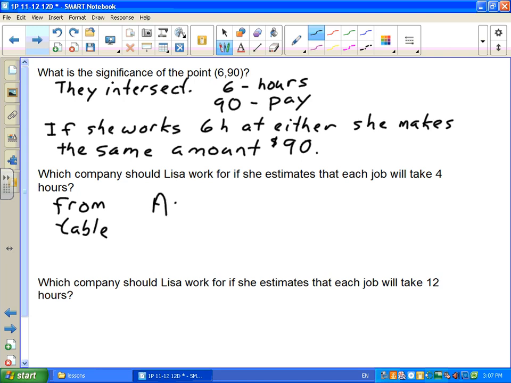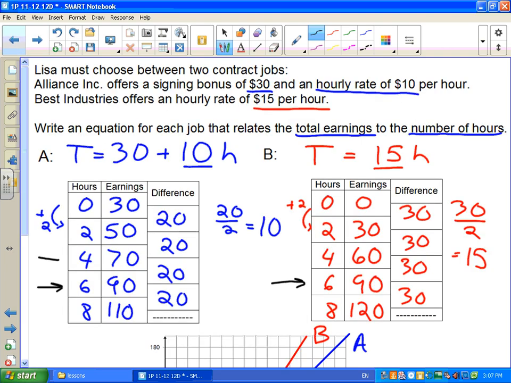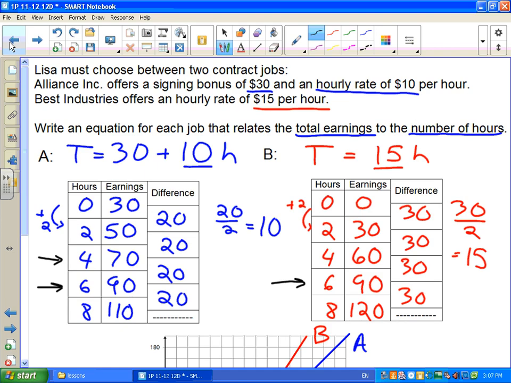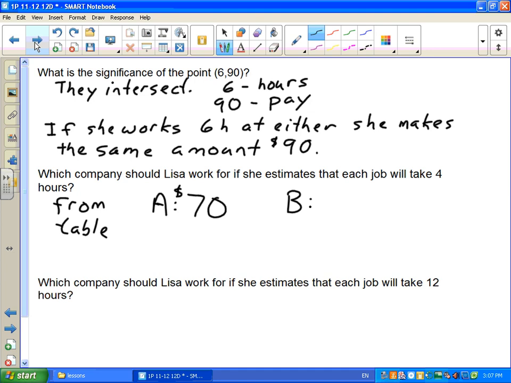So looking at your table, how much does she get paid for 4 hours of work at Alliance? Well, let's go back to the table. We find 4 hours right here. And sure enough, she makes $70 for Alliance. We flip back to the table again. And for Best Industries, if she works 4 hours, she makes $60.